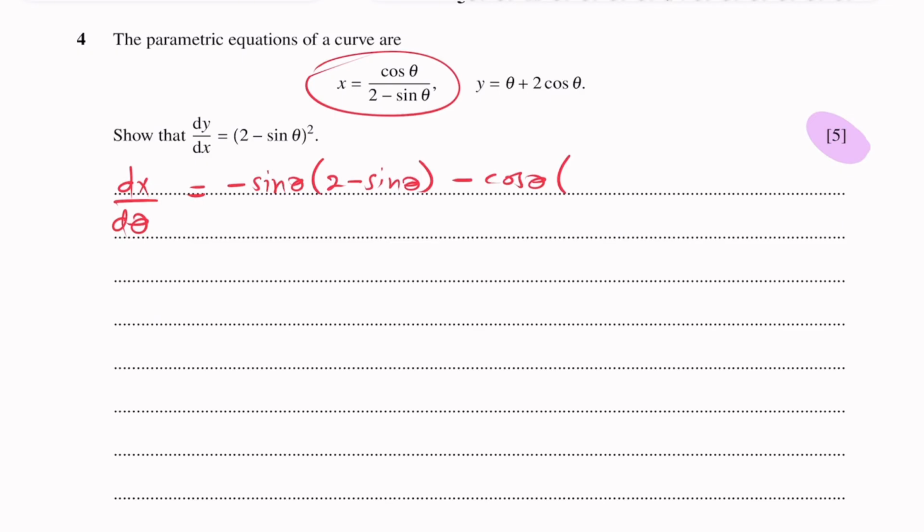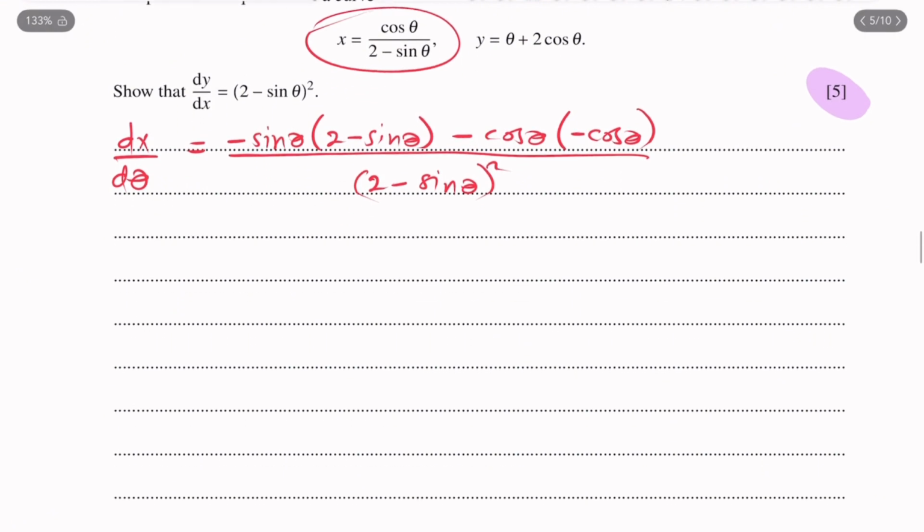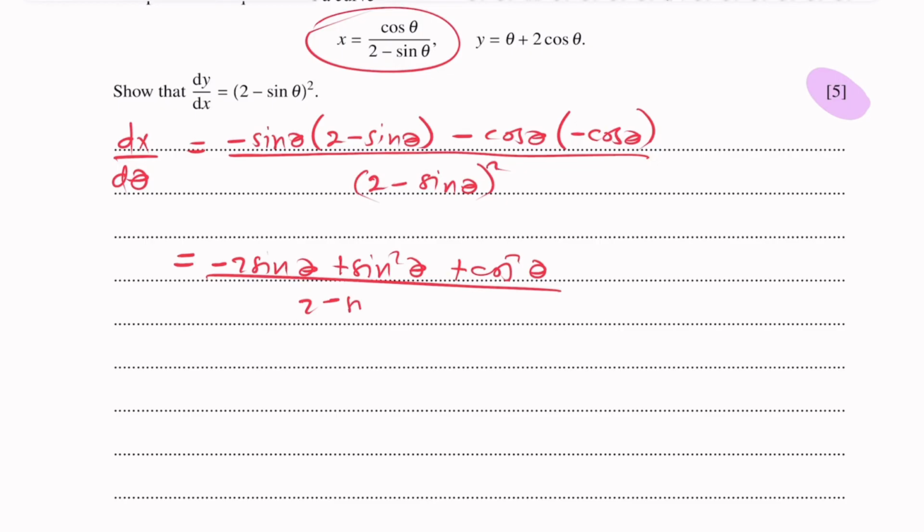I'll get negative cos theta all over the denominator squared, 2 minus sine theta all squared. All right. Maybe I can simplify it a little bit. I'll get negative 2 sine theta plus sine squared theta plus cos squared theta all over this.